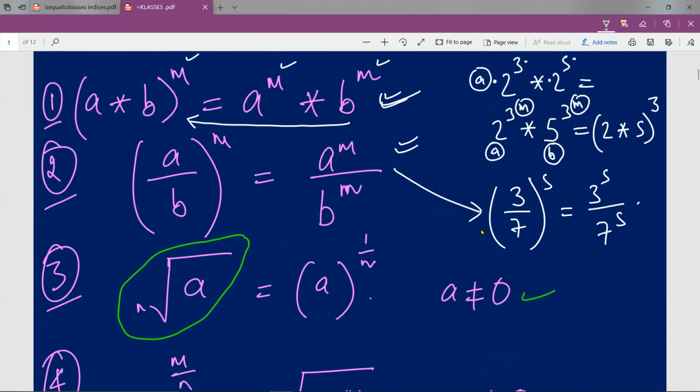This is the rule that I'm talking about, that the whole of a upon b raised to power m is equal to a power m upon b power m. Now this rule will work in this way also and this way also. Both ways it is the same because the rule remains the same.